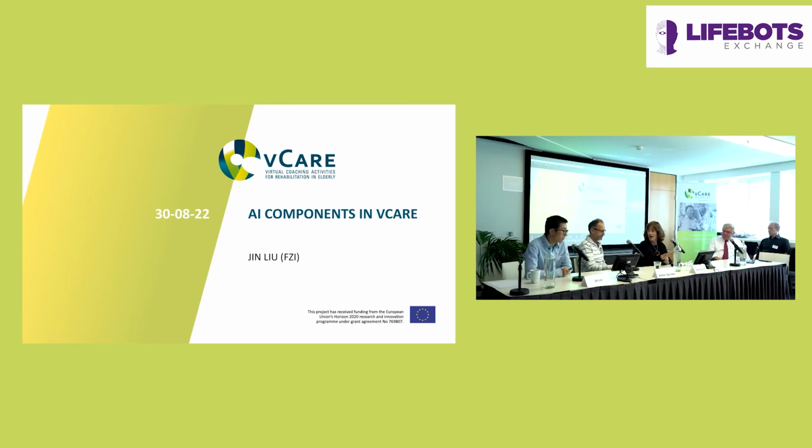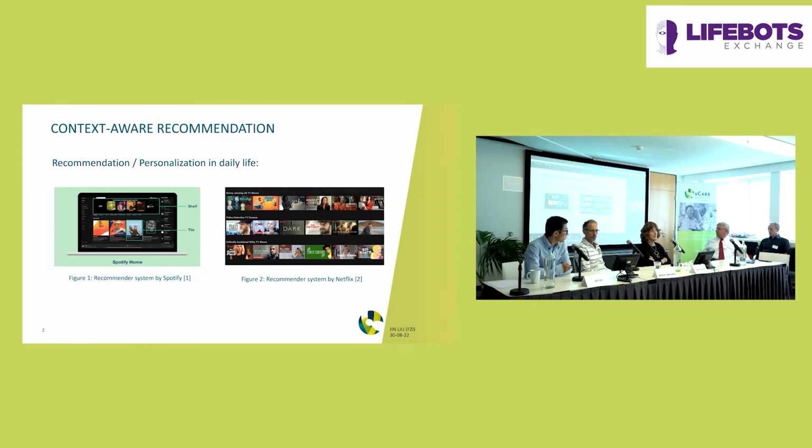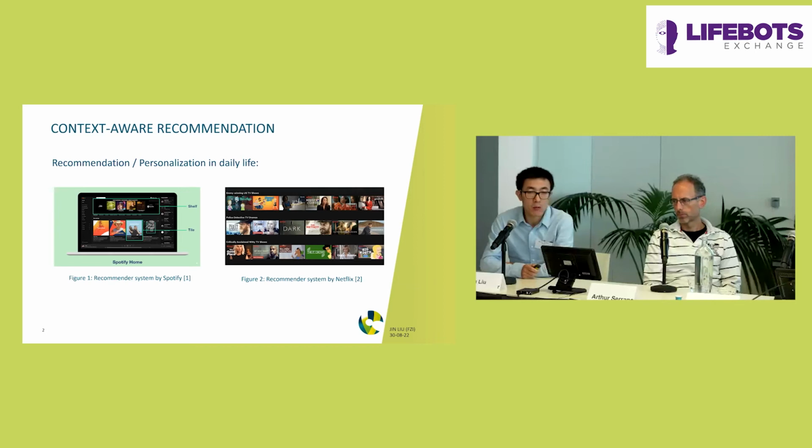Hello everyone. I'm going to show you the AI components in the current VK system. When we talk about recommendation or personalization, we encounter this kind of recommender system in our daily life.